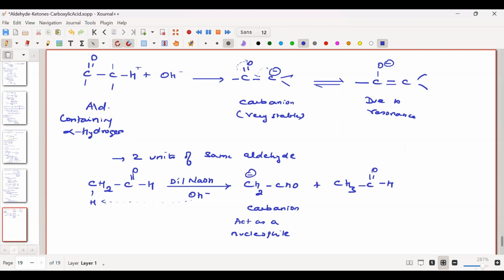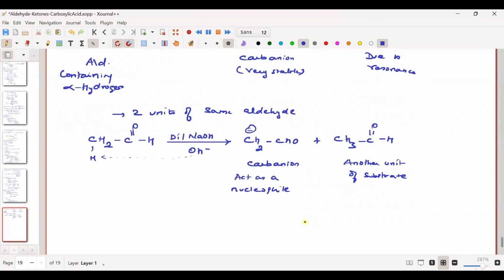This is nothing but my another unit of substrate. Everybody clear so far? Now this is negative. The oxygen will take these electrons, and the carbon becomes positive, so this can go and attach here.